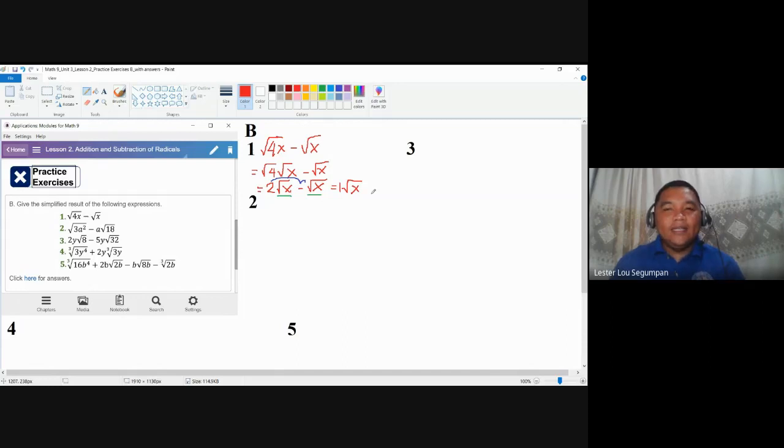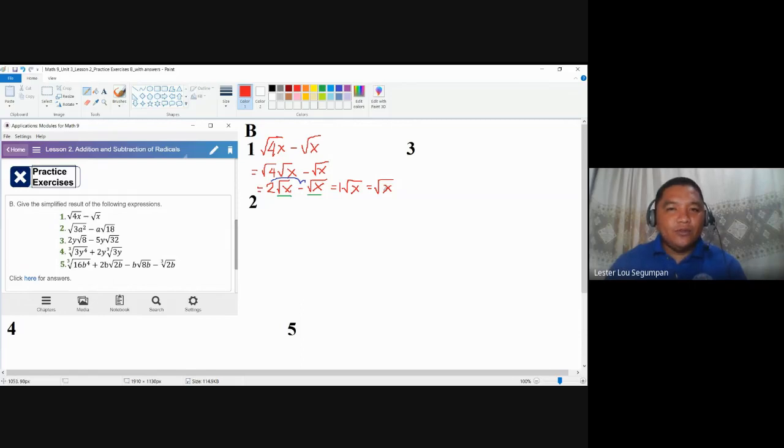No need to add or subtract the radicands, only the numerical coefficients outside the radical expressions. This could be further simplified to square root of x, because it has 1 as a value outside the radical expression. See, we still use the same processes. It's just that we added a variable in our radicands.